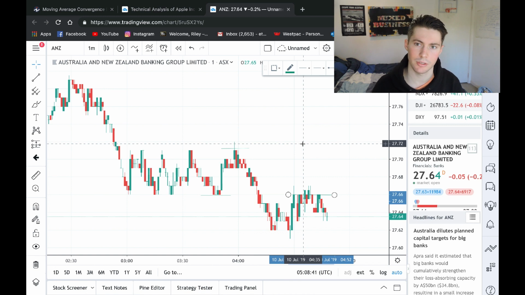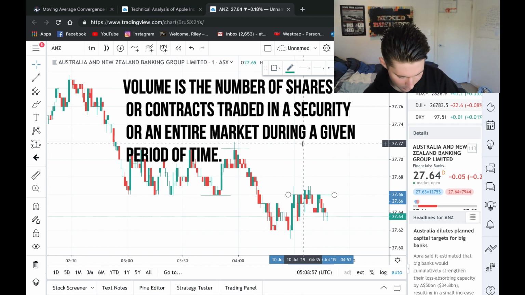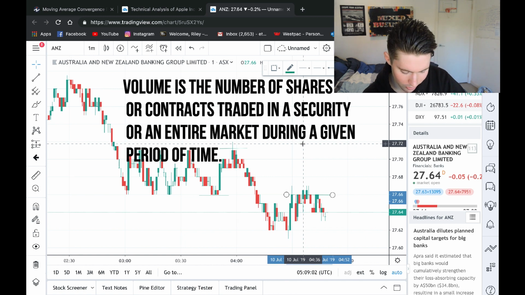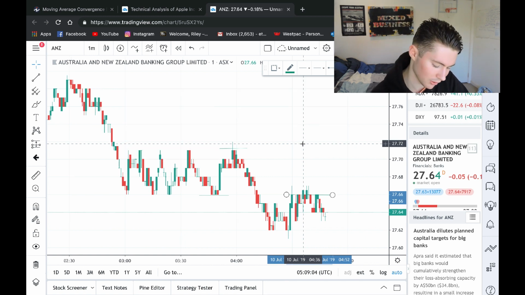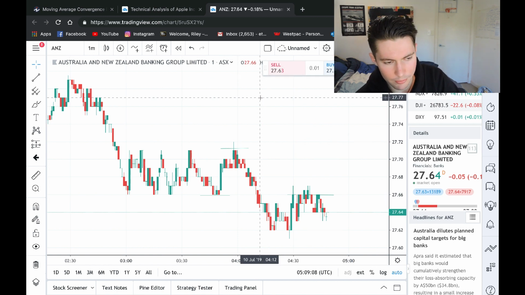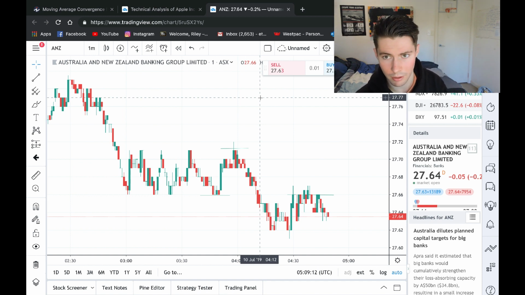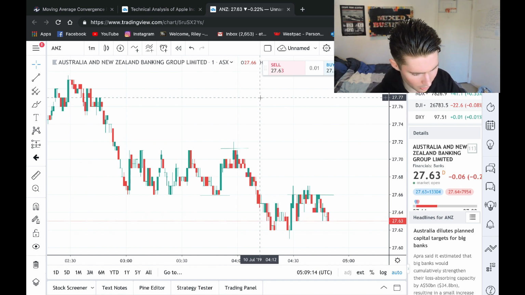As the volume increases, it shows interest and demand in the stock, which will further increase the price. When the stock price increases but the volume decreases, it shows traders' indecision and the price could decrease. Essentially, volume is just a basic indicator of all types of stock research. You just want to Google volume and find out on your own about that one.